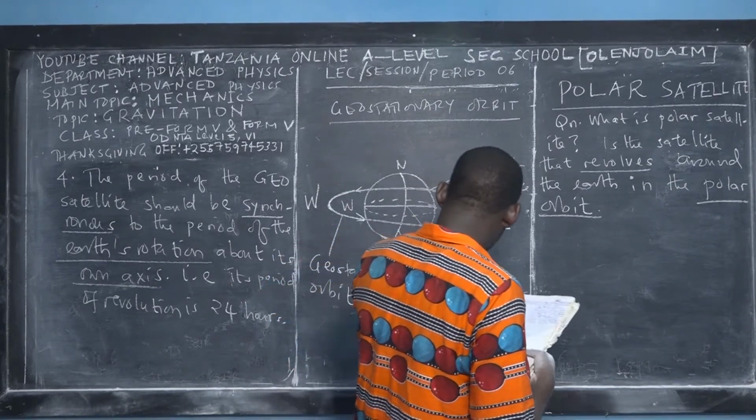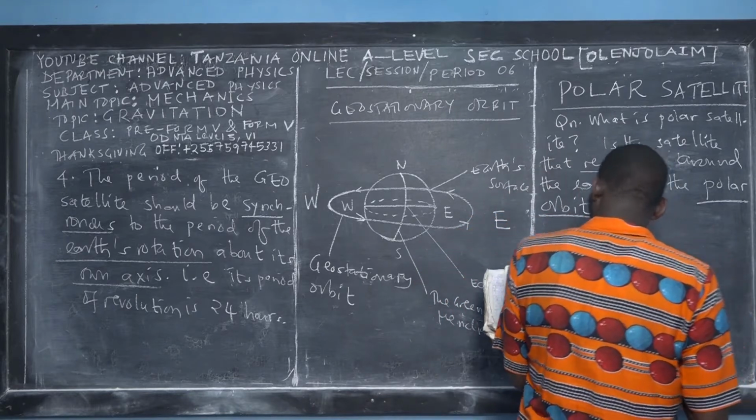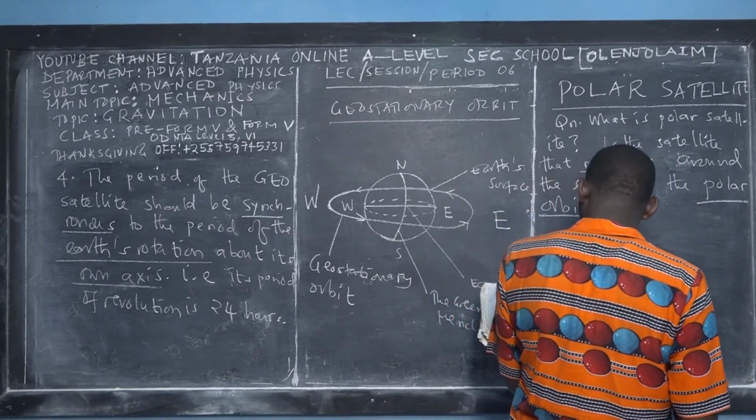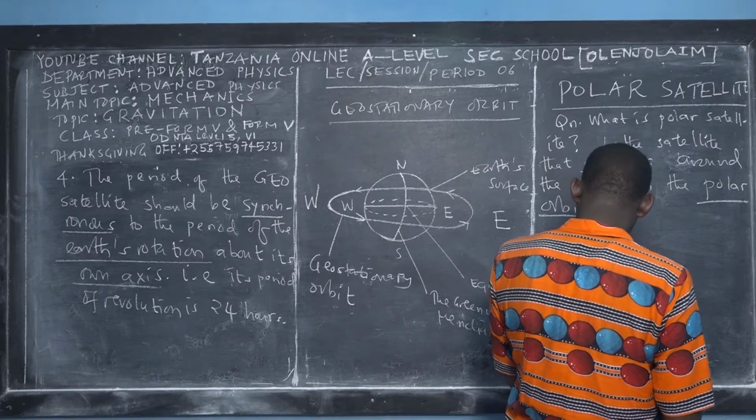So the polar orbit is the orbit which is at right angles to the equatorial plane.